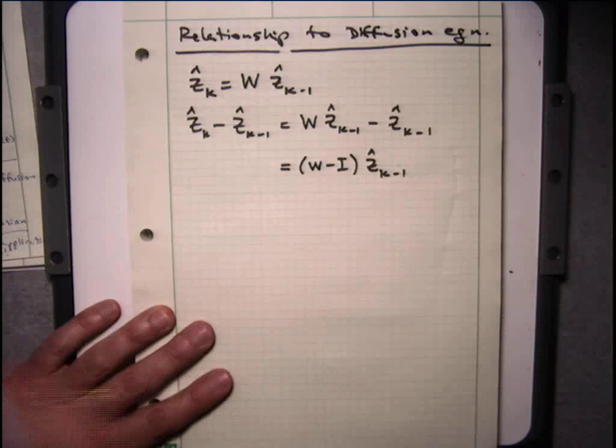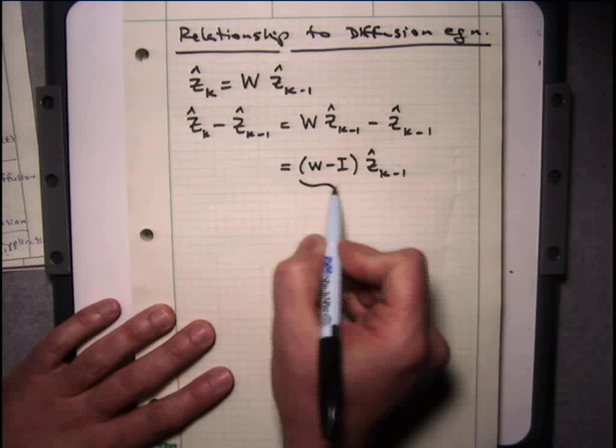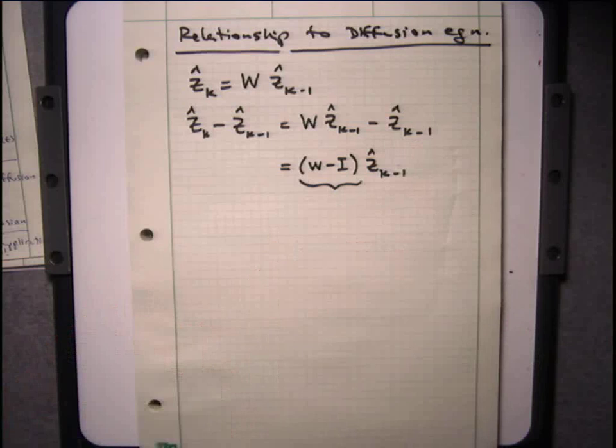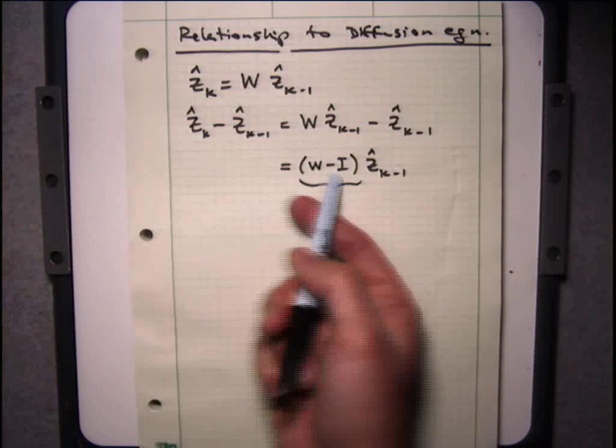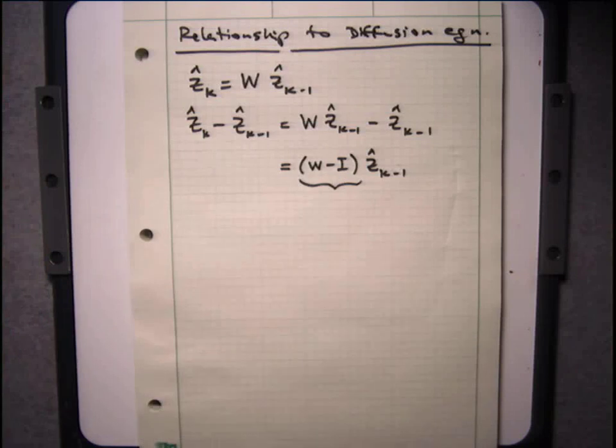Now, it turns out that this here, w minus I, if you remember, we thought about w as a blurring matrix, right? Something that essentially acted as a low-pass filter with all positive coefficients, averaging, and so on. So if w is a low-pass filter, then w minus I is a kind of high-pass filter.